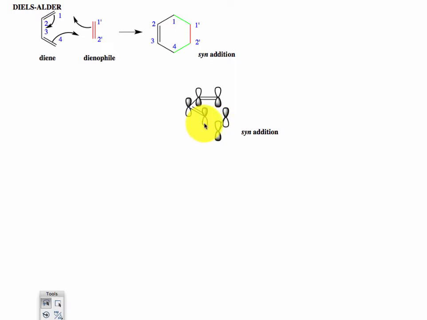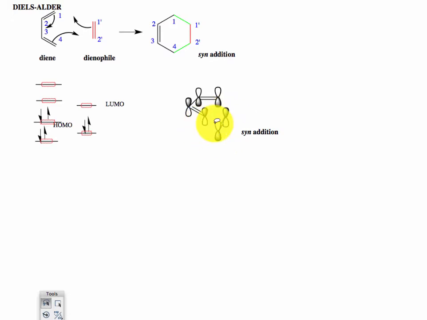This comes about because we are in fact overlapping the HOMO of the diene with the LUMO of the dienophile. That is, if you look at the 4 orbital pictures for butadiene back from the conjugation chapter, you'll find that the HOMO, the one that has a pair of electrons in it, has the symmetry shown. And that an alkene LUMO has the symmetry shown.